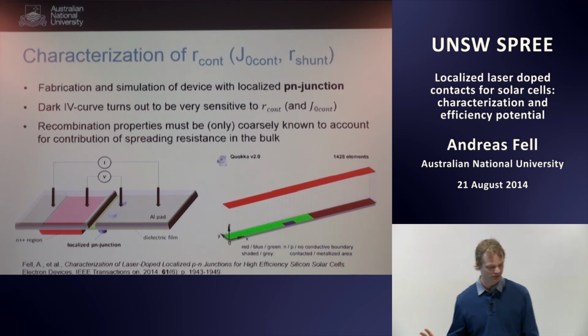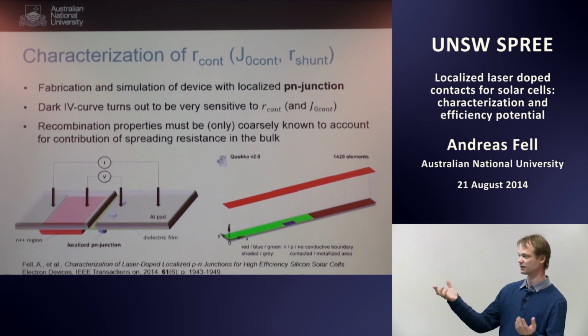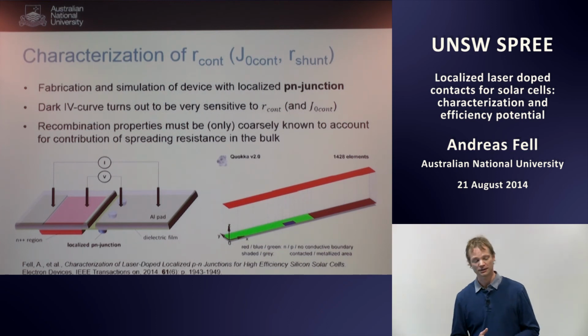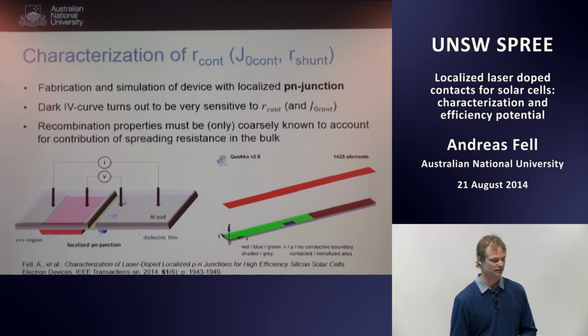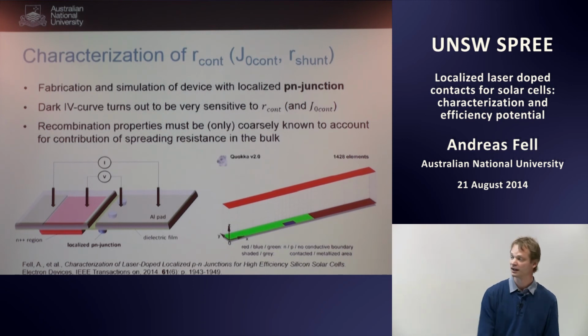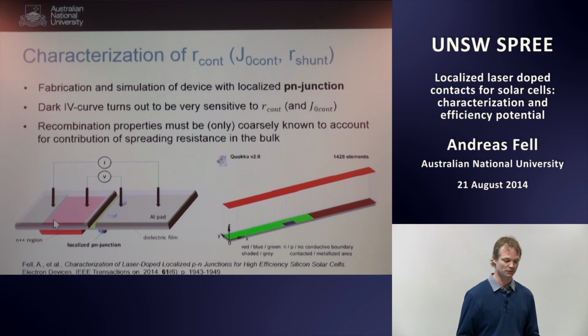And the good thing about the test structure is that the recombination properties of the rest of the device are not that important. It doesn't have a huge influence on the dark IV curve. So even with a bare rear surface and a not very good passivating film and high recombination here, which is also a bit unknown, this still extracts the contact resistance accurately.